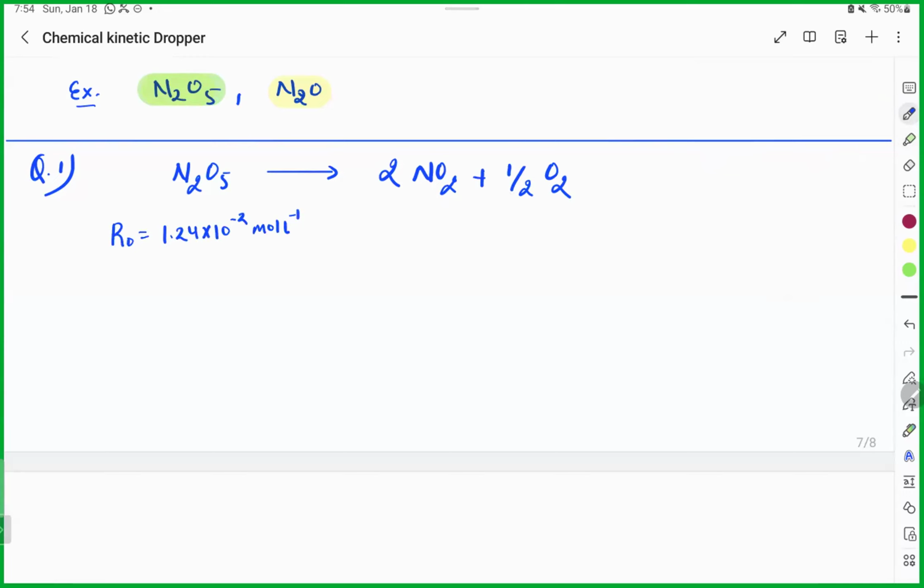When you calculate the concentration of N2O5 after 60 minutes, it was 0.2 into 10 raised to power minus 2 mole per liter after 60 minutes. Calculate the rate constant.